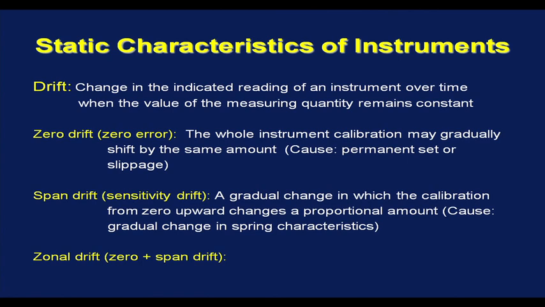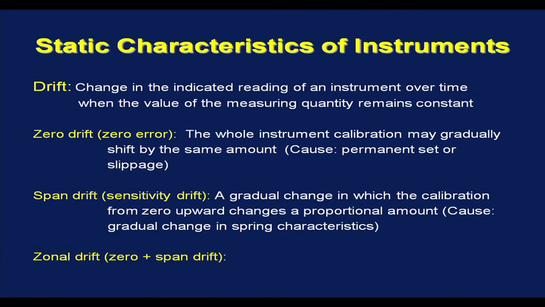In case of zero drift or zero error, the instrument calibration may gradually shift by the same amount. You can see that in some instruments, let us say a pressure gauge, when there is no pressure input, the instrument still shows a small positive value, which is a zero error.